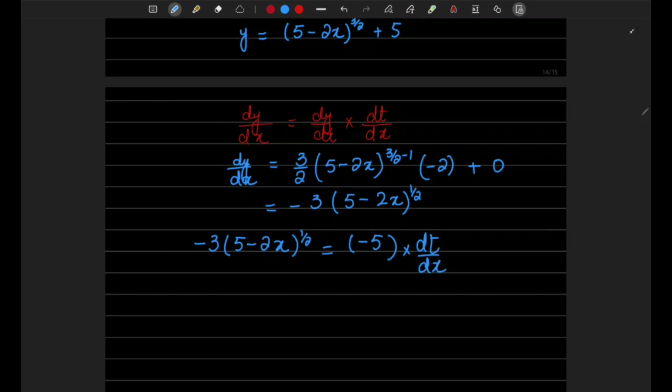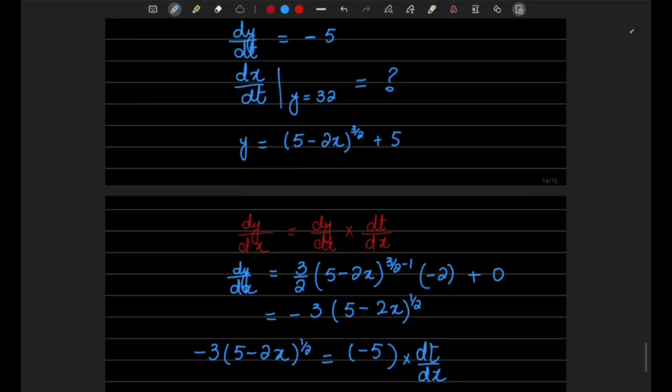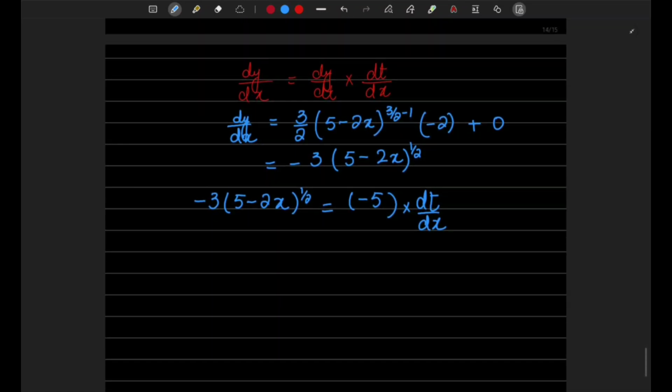So what to do? When y equals 32, let's first rearrange this. It will be dx over dt equals minus 5 over minus 3 times (5 minus 2x) to the power 1 over 2.